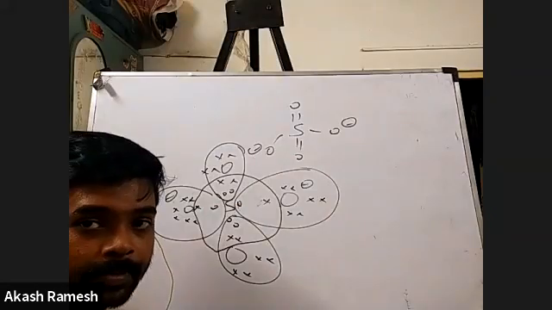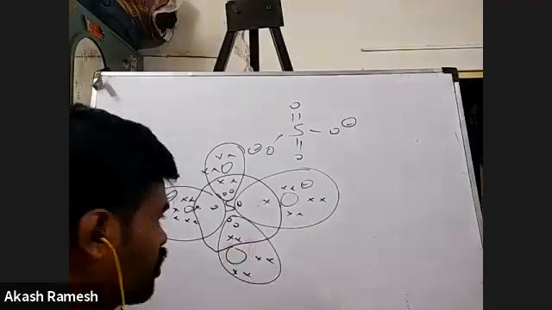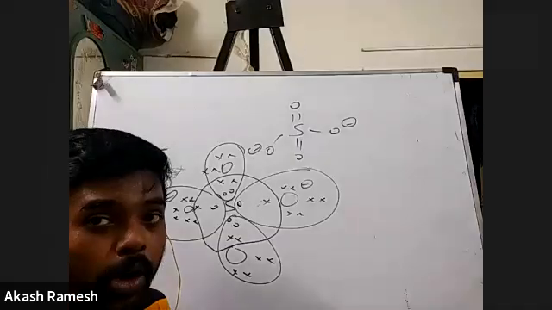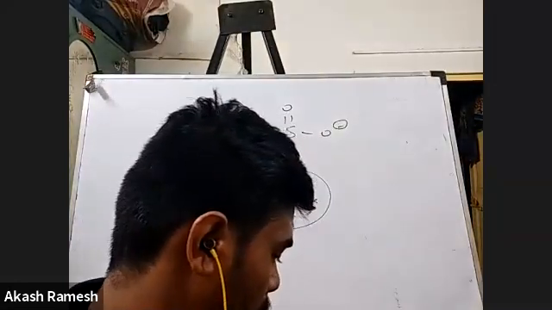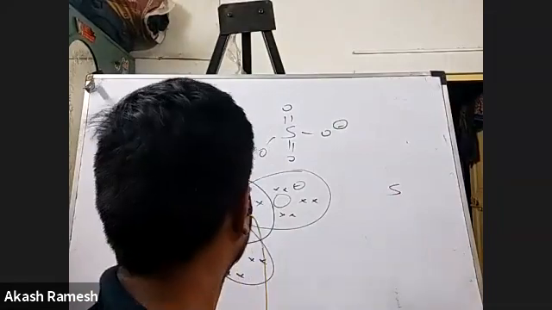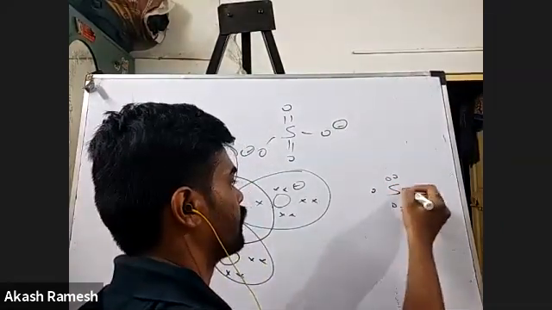No problem, right? But the same thing can be explained with the help of a coordinate bond. The same structure which I have here can be explained with a coordinate bond. We'll see how. Again, sulfur has 6 valence electrons, 1, 2, 3, 4, 5, 6.